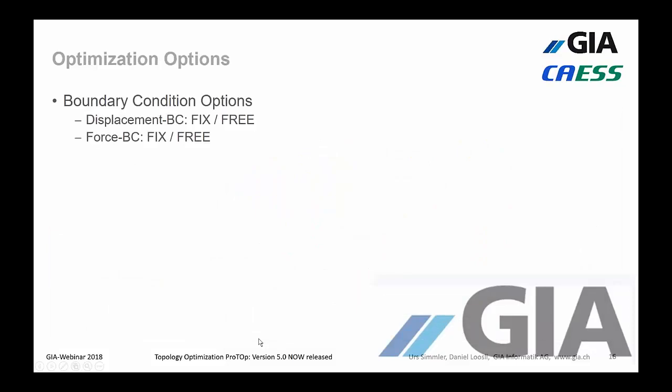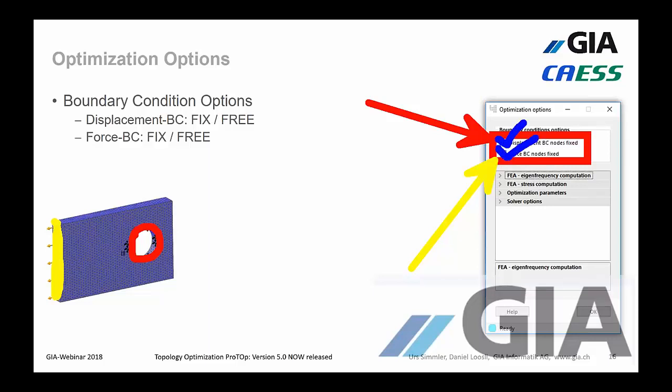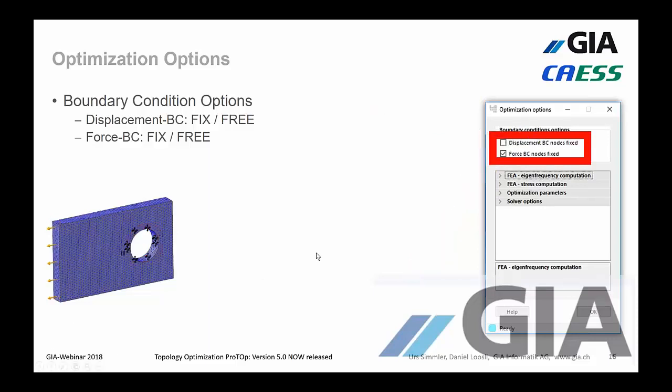ProTOp now includes also some new boundary condition options when we are thinking about the constraints. Here the displacement boundaries, and here on that side we have our forces, and now we can set these options in that area in order to get a specific behavior.